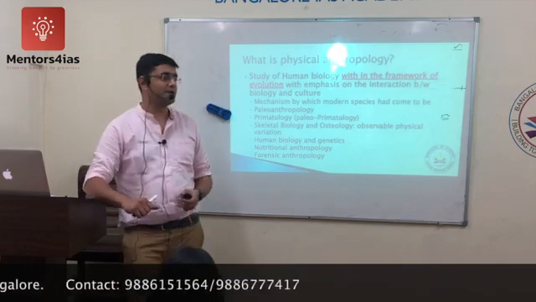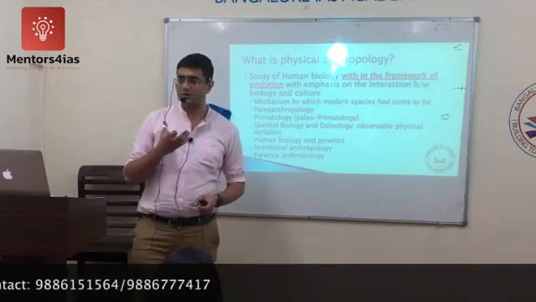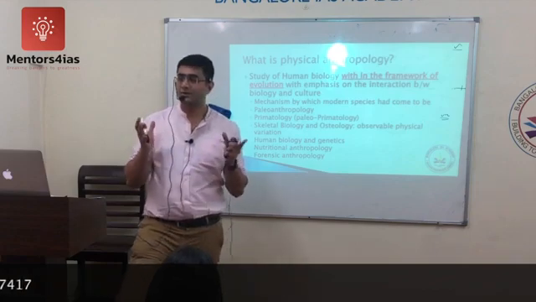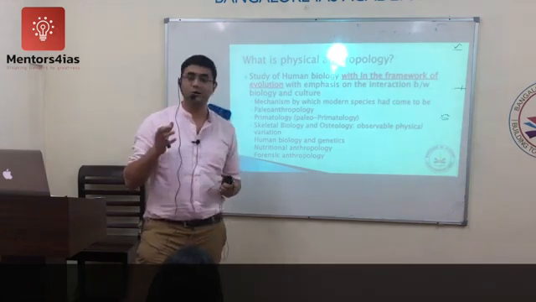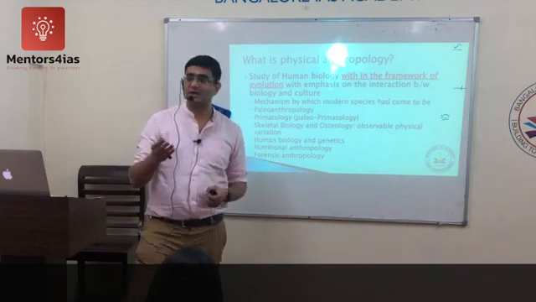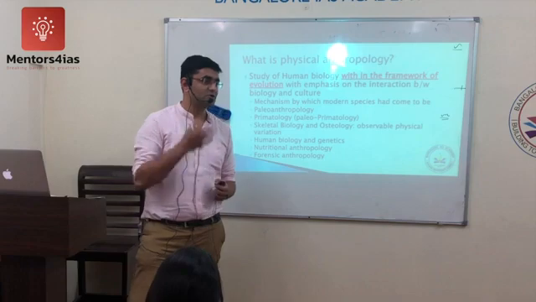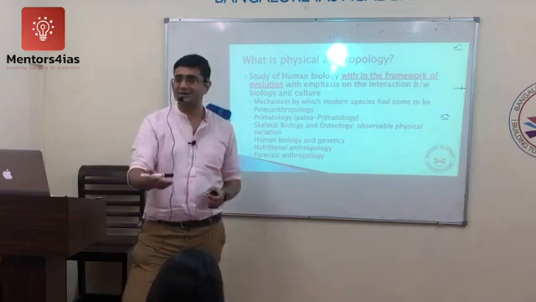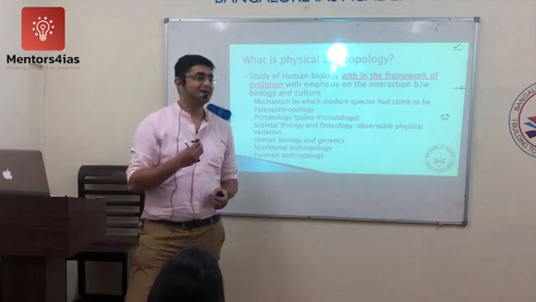See, for example, the human jaw. If you compare it with that of primates, primates have massive jaws, but humans have a small jaw. One of the factors is the change in diet, because humans were able to prepare the food outside the mouth before consuming it.